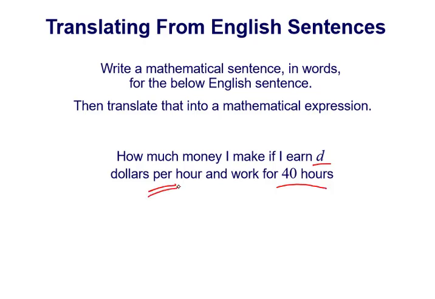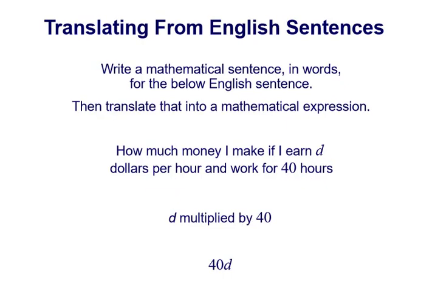Here, a really good keyword is per, to think of the operation you're going to use between the variable D and the number 40. The operation you should think of is multiplication. So that's going to be D multiplied by 40, and to represent that in symbols is 40D. So how much money I make if I earn D dollars per hour and work for 40 hours is going to be 40D.